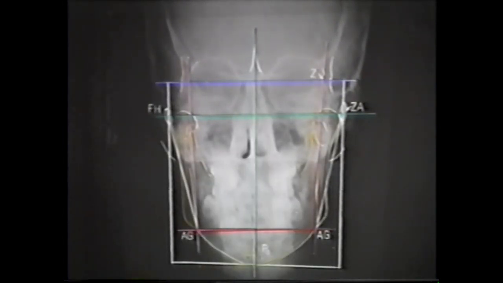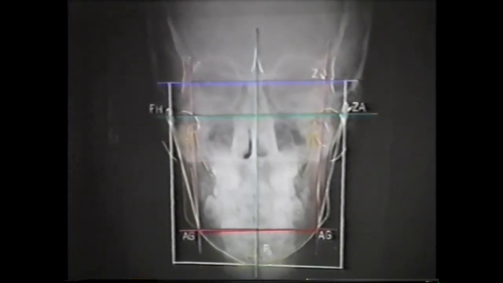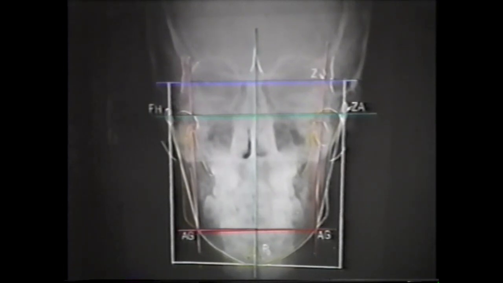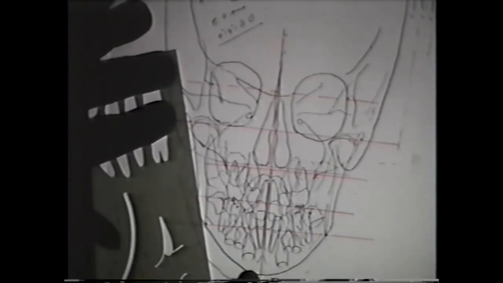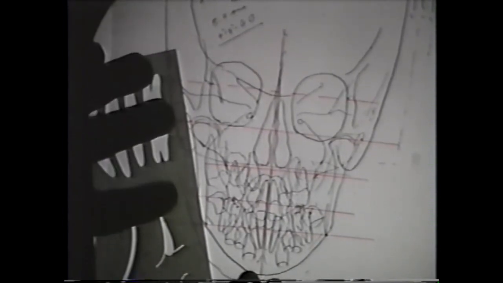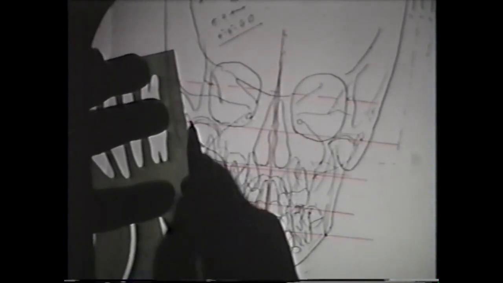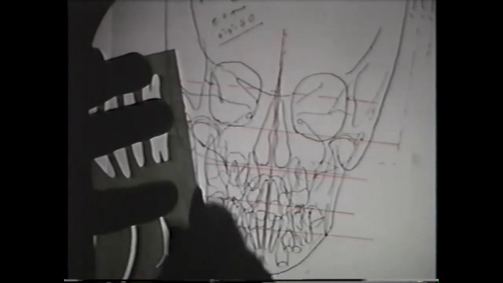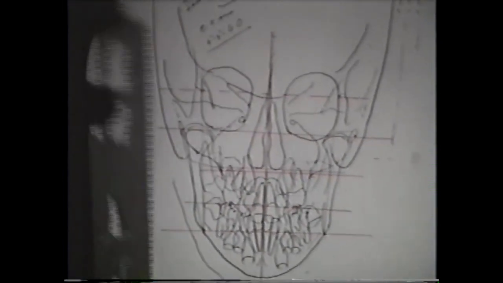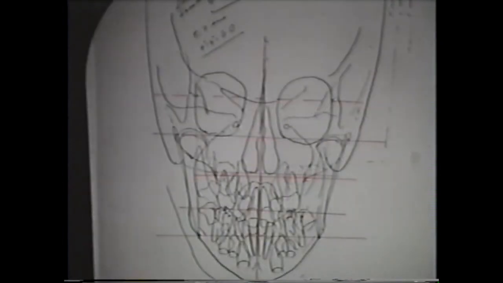One of the other measurements that I think that we should use is a line from the ZA point down to the AG point. And that's another way to measure asymmetry.